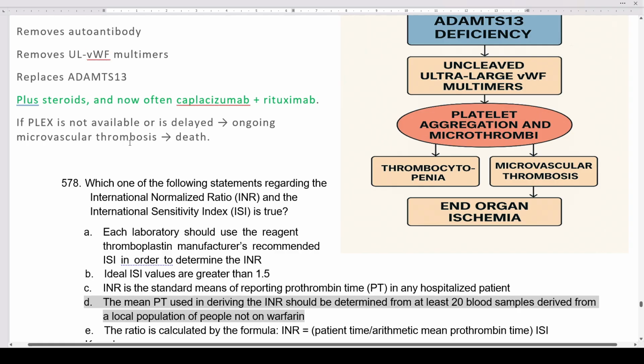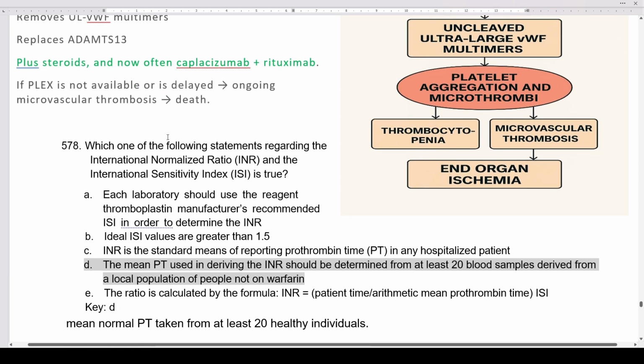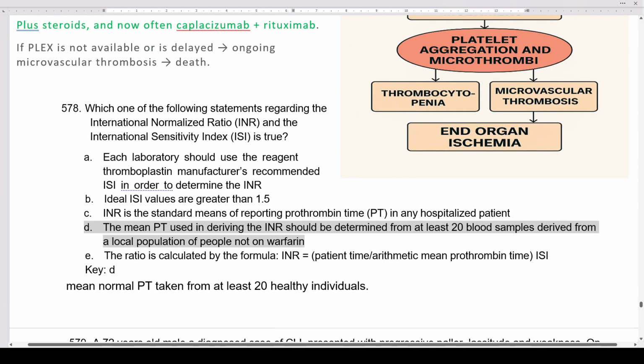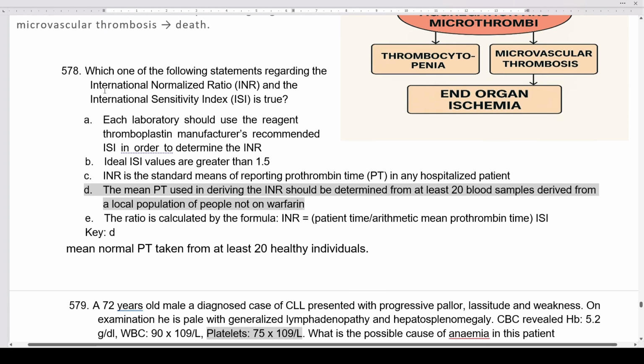Without PLEX, the death rate is 90%. So it is an emergency. We have to take these types of patients very seriously. If we have schistocytes in the peripheral blood smear and all those symptoms, we have to go for PLEX.